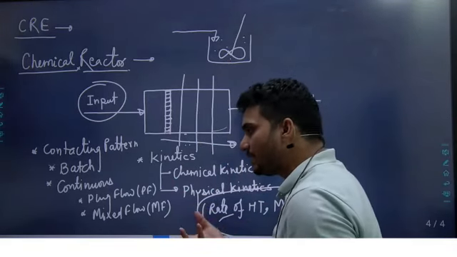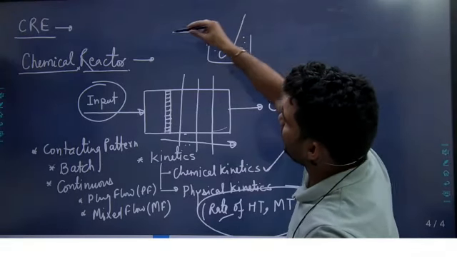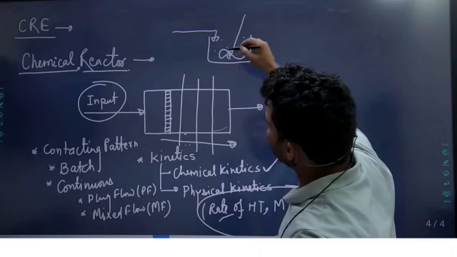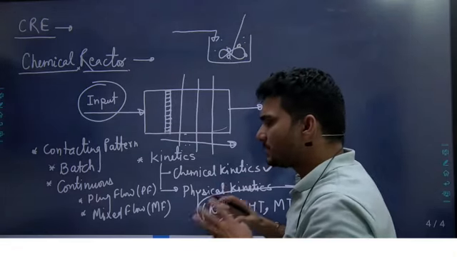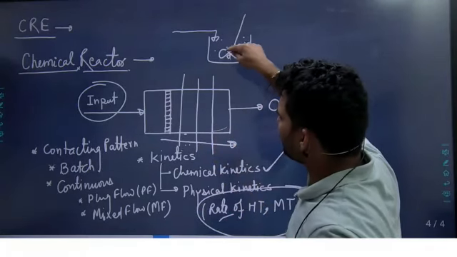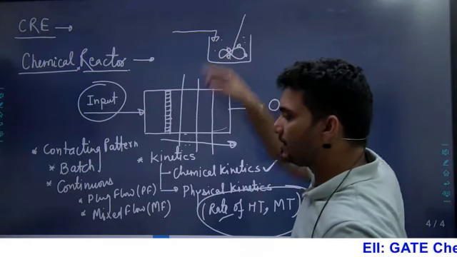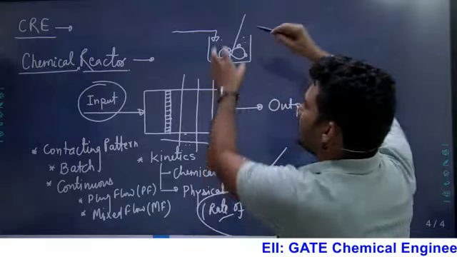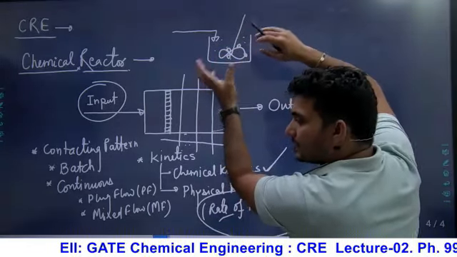Because in non-ideality, you will find that some reactant will stick to the agitator, so it does not mix properly. The concentration of reactant at the agitator is high, so the concentration in other parts of the reactor is different.